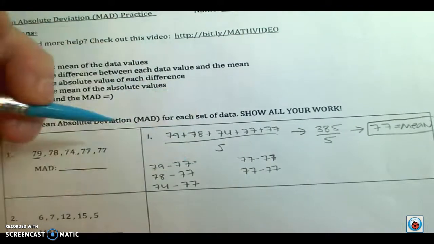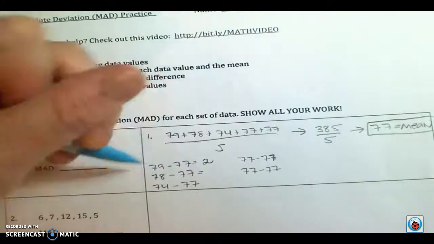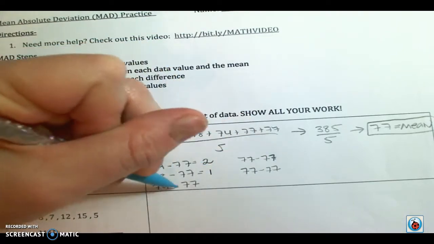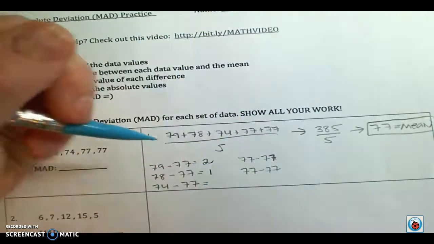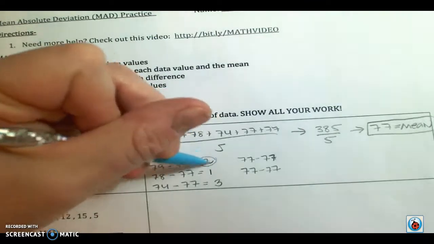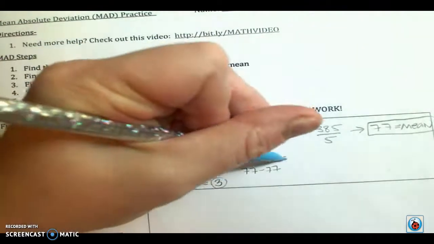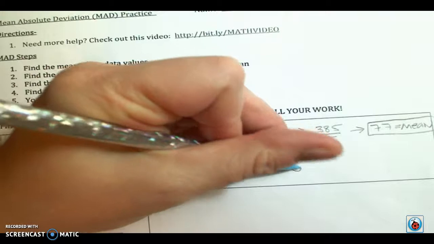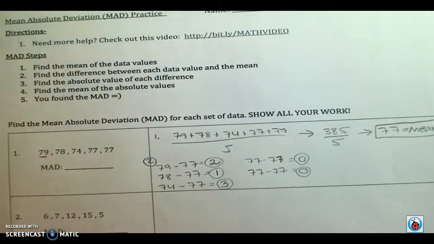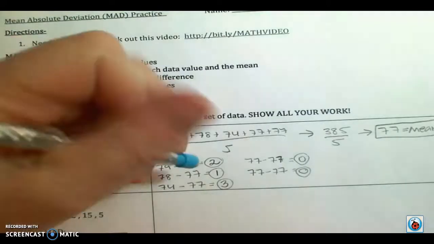Okay, and I want the positive form. So 2, 78 minus 77, 1, 74 minus 77, well, that's negative 3, but I'm just going to write positive 3 because I want the absolute value of it. So 2, 1, 3, 0, and 0. Okay, so we kind of merged step 2 and step 3 together. So let's label those.